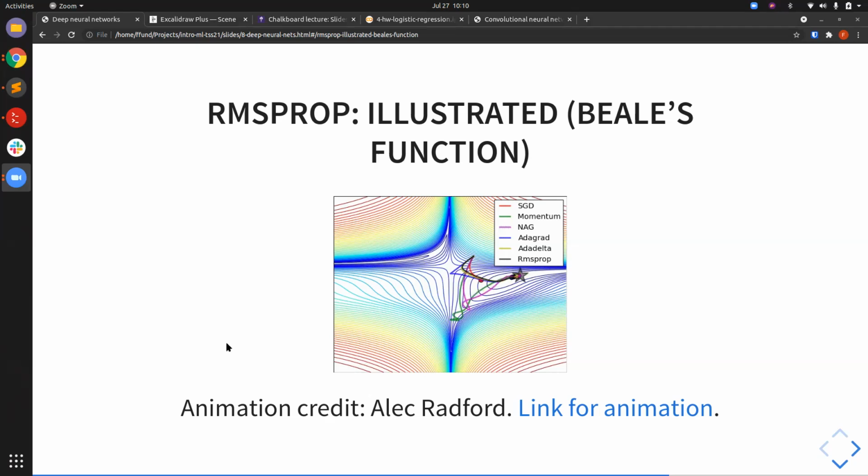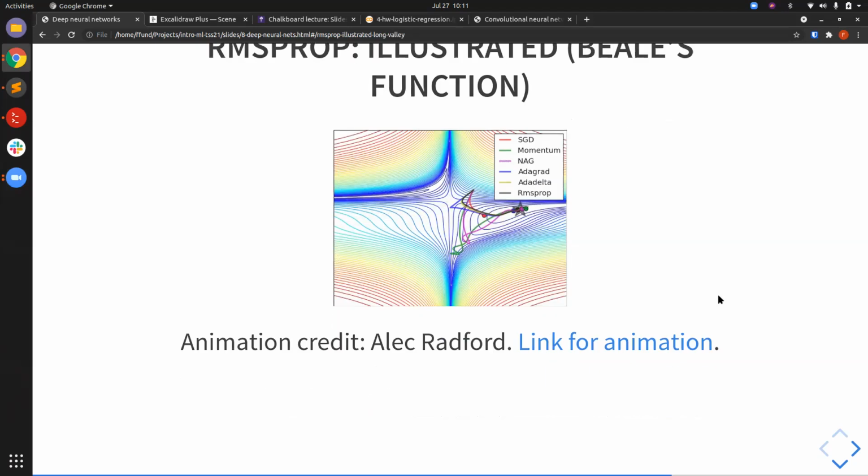The velocity-based techniques, and these other ones shown here are also momentum-based, velocity-based techniques. They end up shooting off this loss surface with a very steep gradient and they bounce around. But the RMSprop approach, which just adapts the learning rate based on the magnitude of the gradient, just acts like a faster stochastic gradient descent.